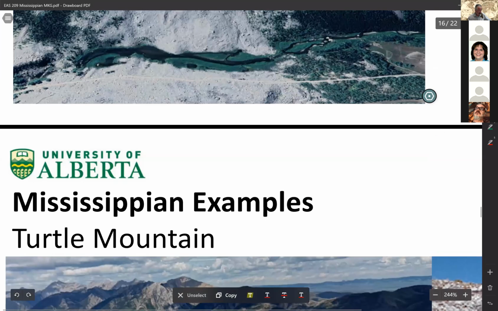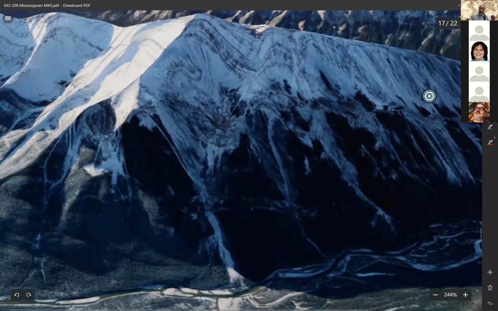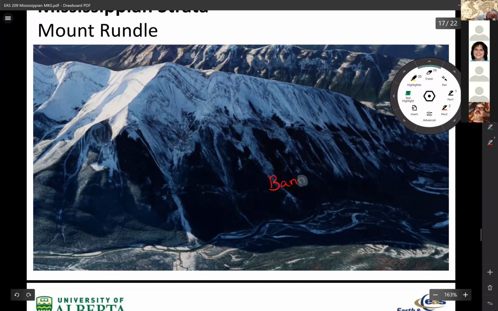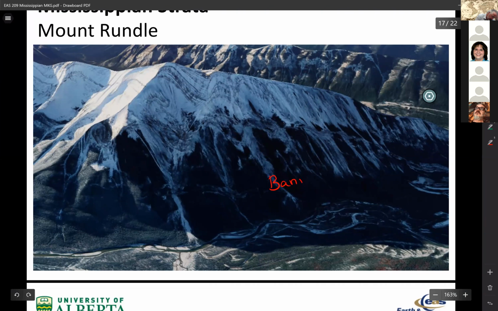I mentioned it already. Mount Rundle, I wanted to go back to this just because now we can put it in the context of the stratigraphy or the Banff Formation. Is down near the bottom. Town site of Banff is over here.